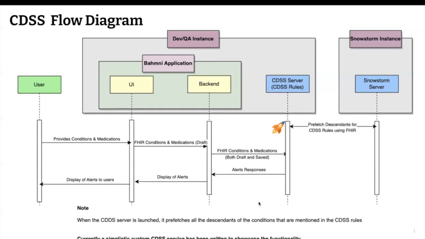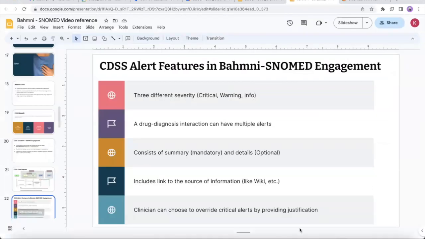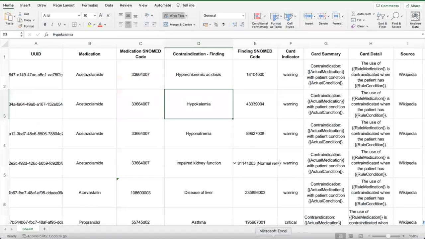For our demo purposes, we have currently provided a simplistic custom CDSS service, which has been written to showcase the functionality. Let me show the rules that we currently have for the CDSS server. Now, if you can see here, there is a UUID and the medication.